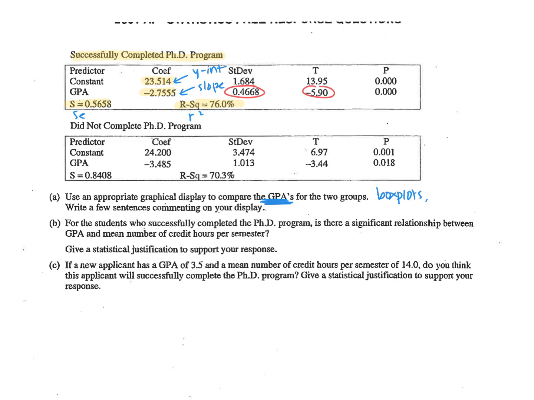What else? Come on, there's at least three more. Box plot. Oh, histogram, stem and leaf, dot plots.